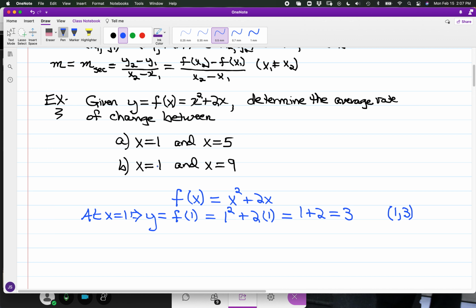Now with x equal to 5, we have 5 squared plus 2 times 5.